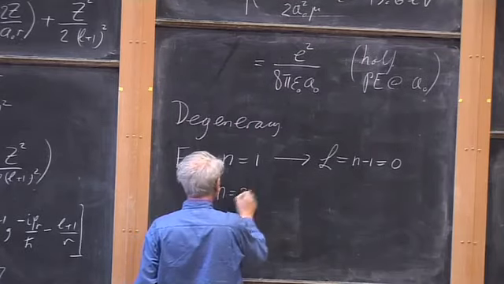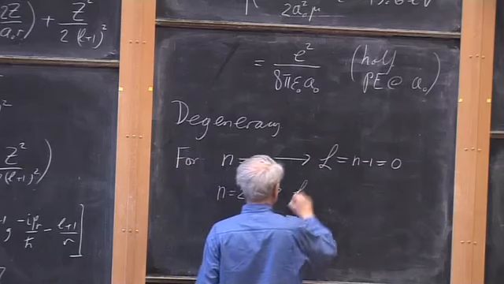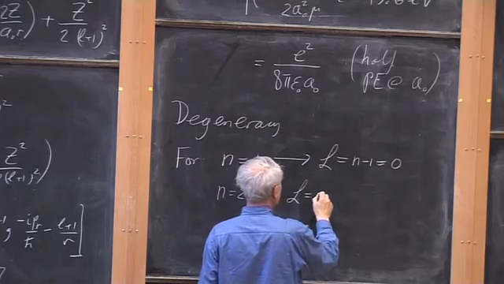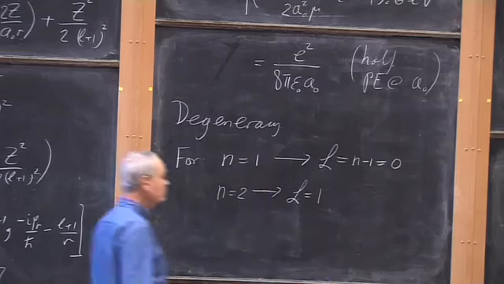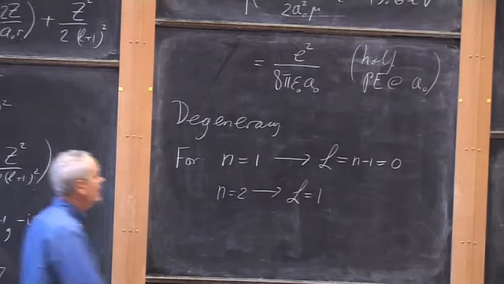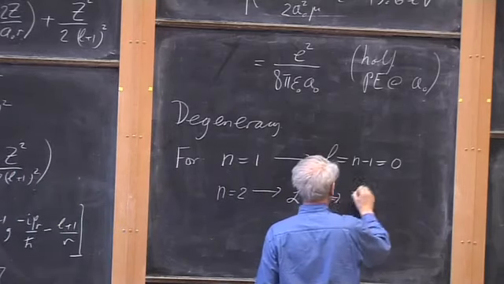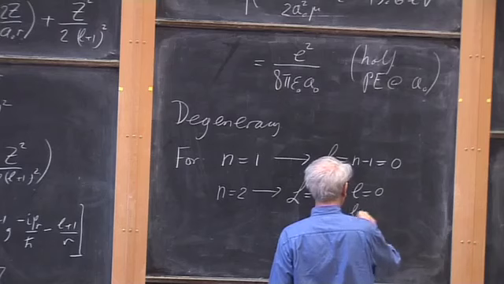For n equals 2, the maximum angular momentum L is equal to 1. That means that L can be 0, and L can be 1.